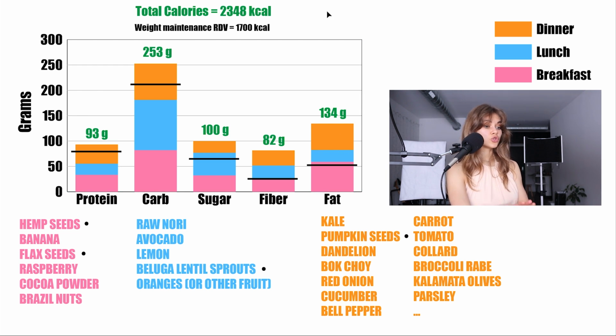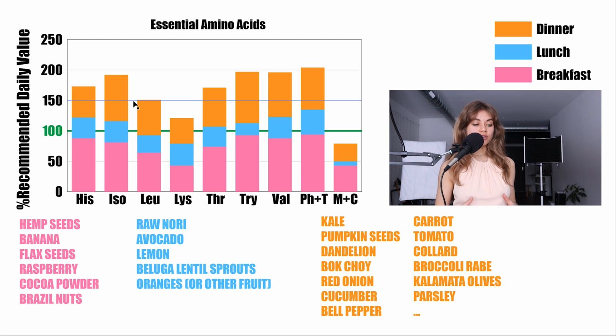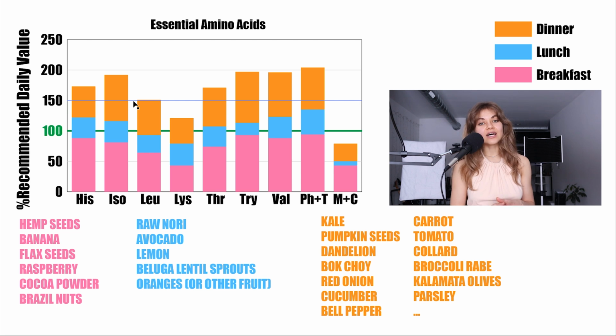Let's now look at the amino acid breakdown. Let's zoom in on the protein content and analyze the essential amino acids here. One of the concerns that people have with a vegan diet, with a raw vegan diet, is methionine.